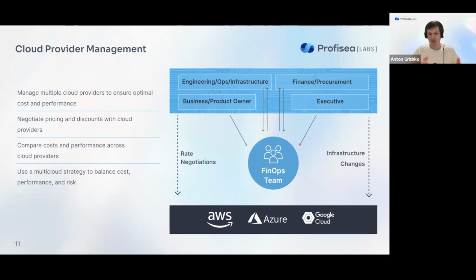So customers were basically jumping between different clouds in order to save money, get credits and get a discount. That was their way to save money, let's say. Okay, that's about cloud provider management.